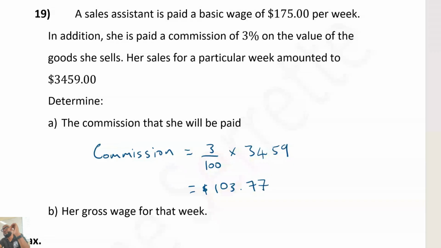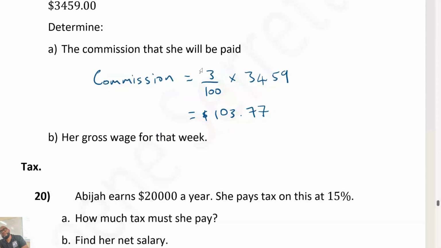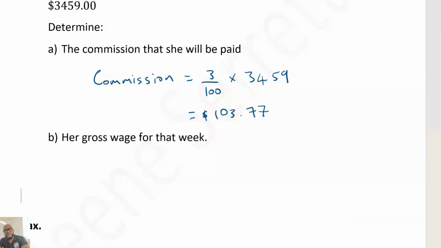Press 3, press the a b/c button, press 100, then press multiply by 3,459.